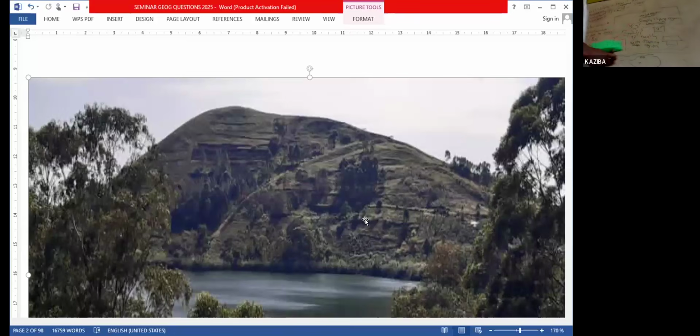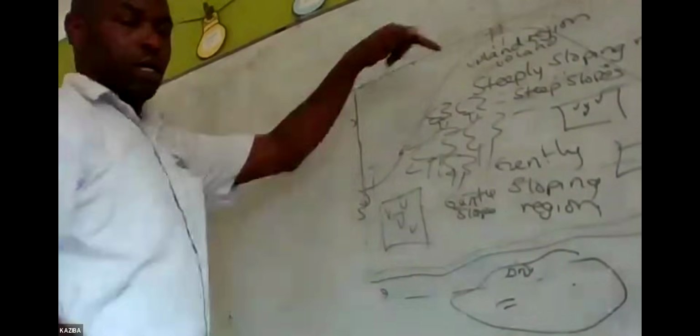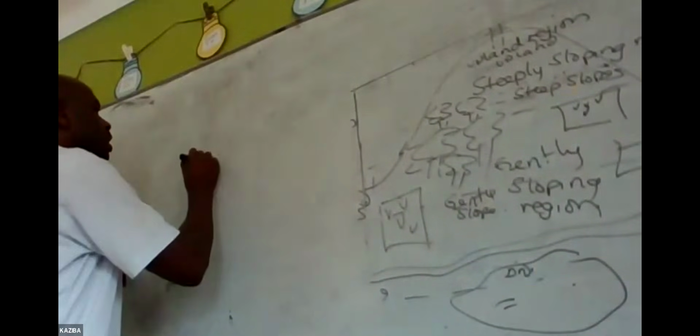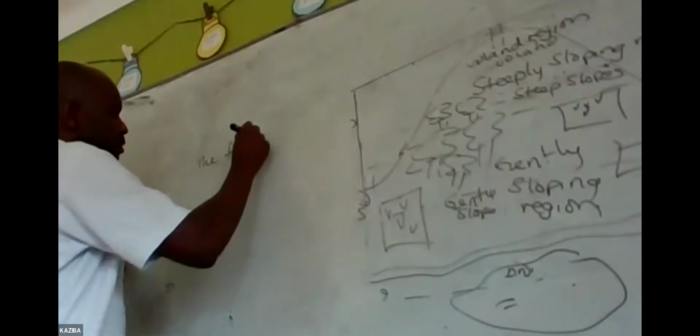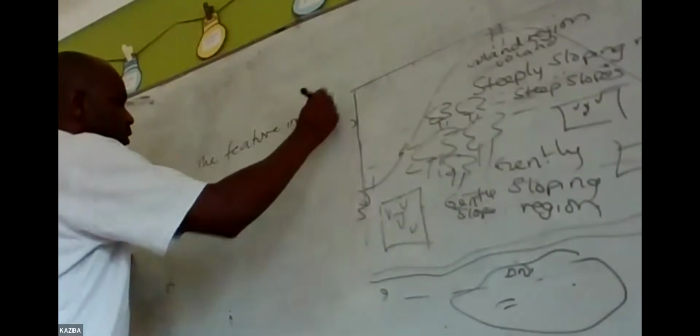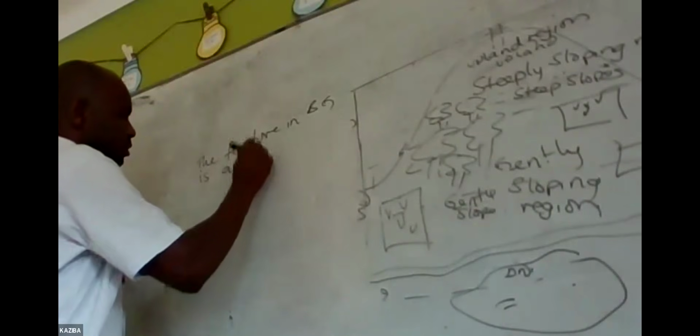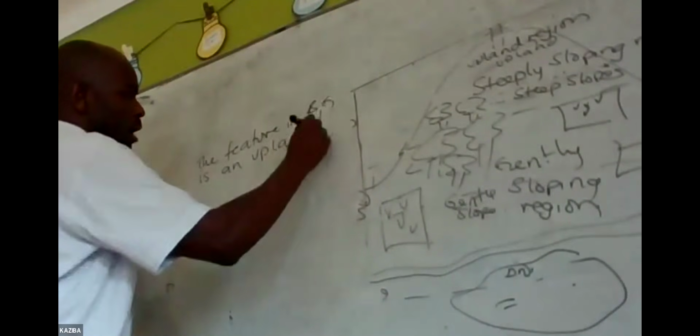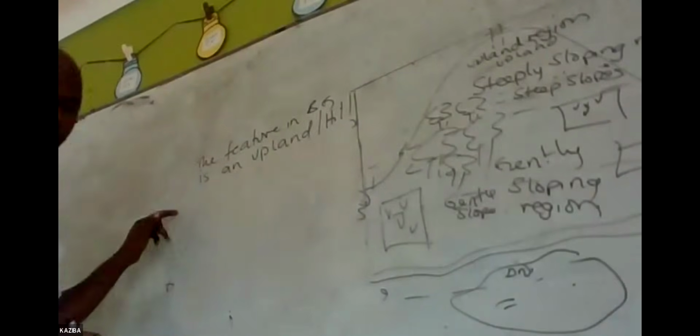So, for example, let's look here. This one is volcanic. So look at this feature. If they say account for the formation of the feature in the background, this feature you're seeing, you begin by identifying the feature. You say the feature in the background is an upland, or a hill.